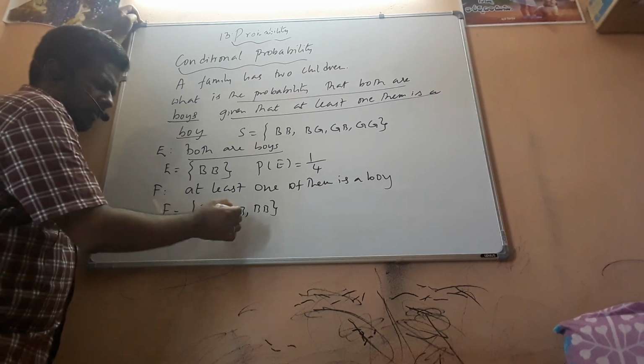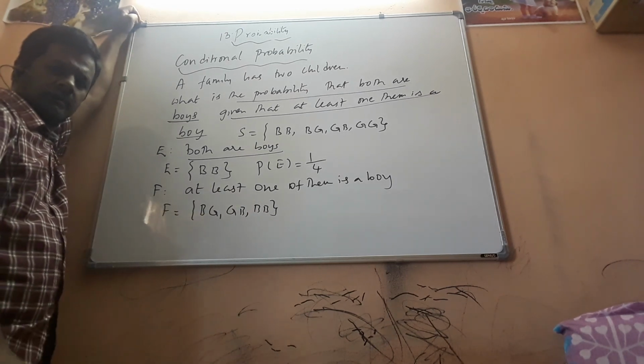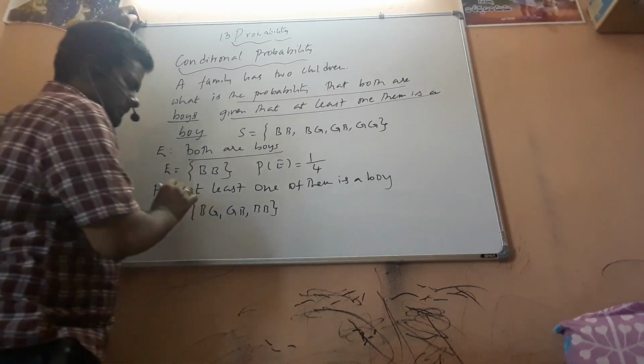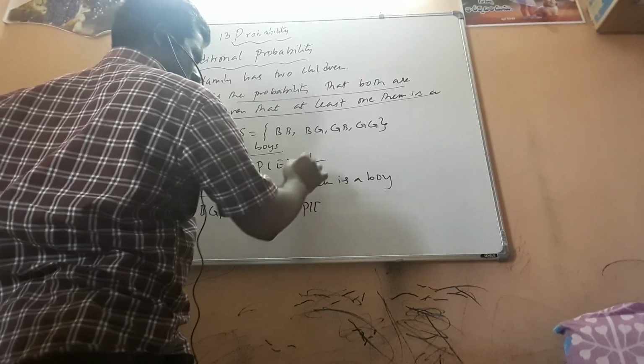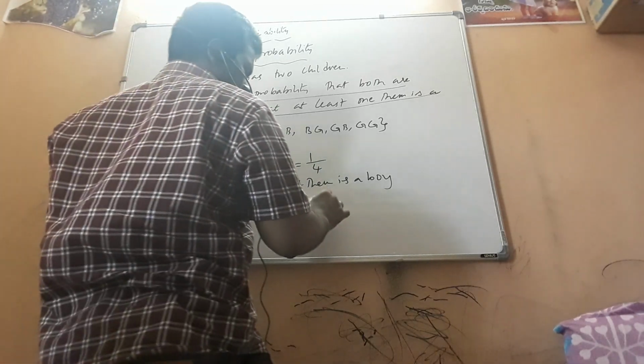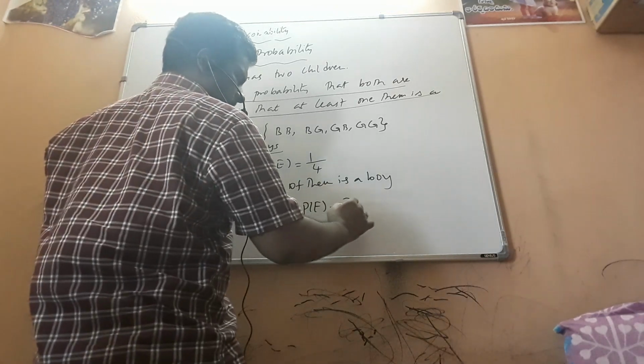One boy, or both can be boys. So, P of E we know is 1 by 4. P of F here is 3 by 4.